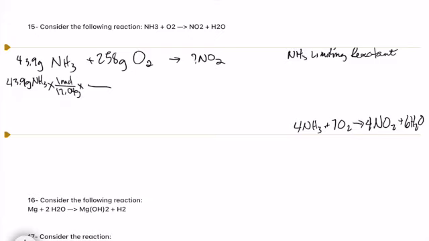I start with my 43.9 grams of NH3, and again our next move is going to be to convert that into moles, and so I am setting up the ratio of getting out of grams and into moles. 1 mole of ammonia is 17.04 grams.